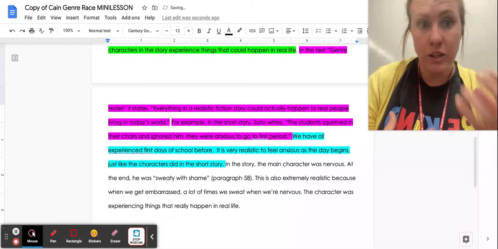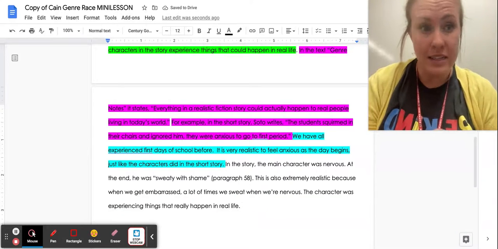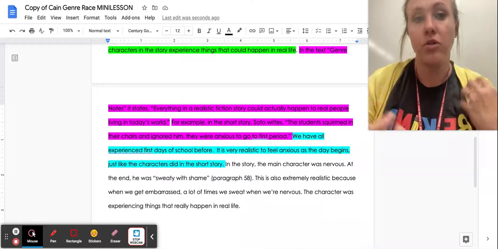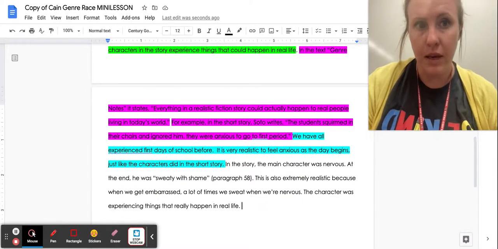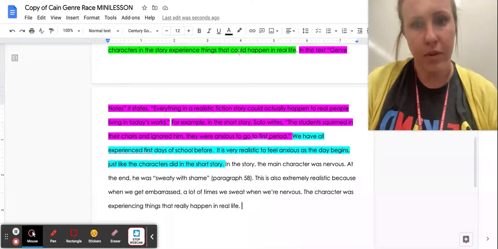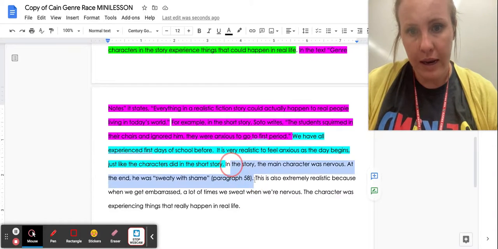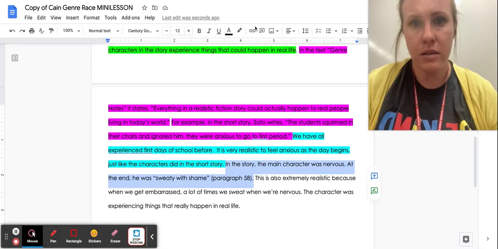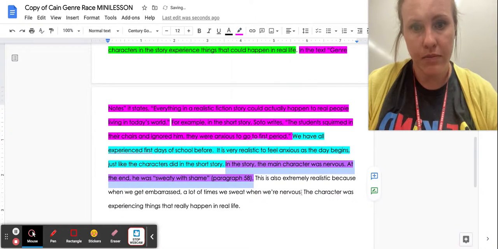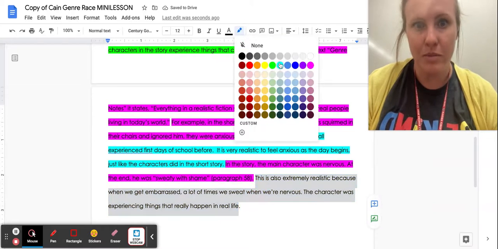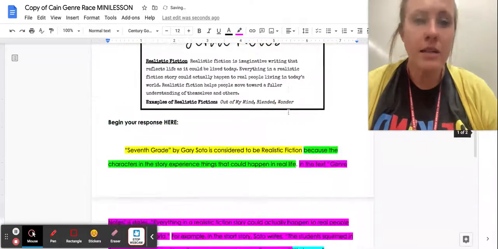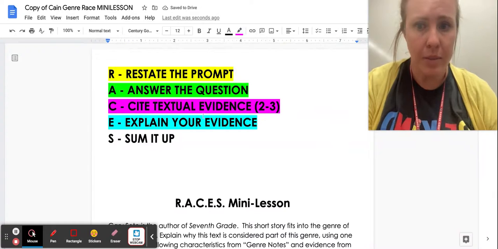As you can see, I took my explanation and really connected it to the reader, to who I'm trying to explain this to, because the more connection you have, the stronger your response is going to be. Okay. So I'm going to highlight this again, because this is evidence to prove that it's realistic fiction. And then I'm going to highlight this because this is my explanation that explains why that's a good piece of evidence. The very last thing I'm going to do is sum it up.